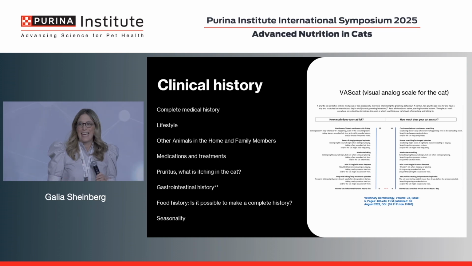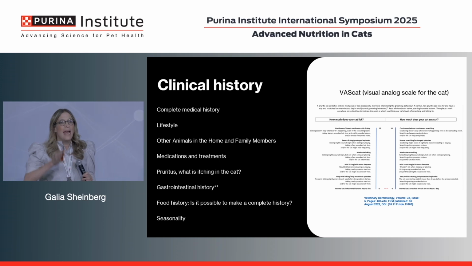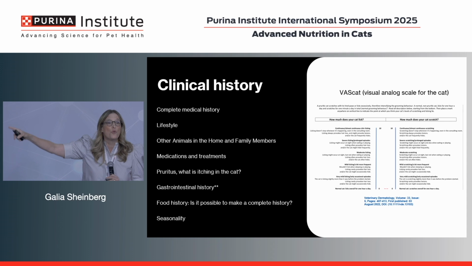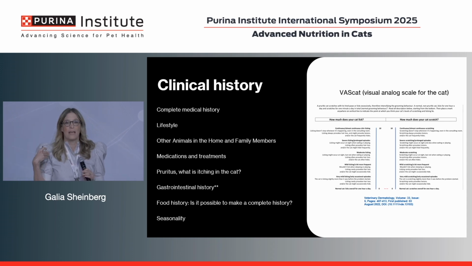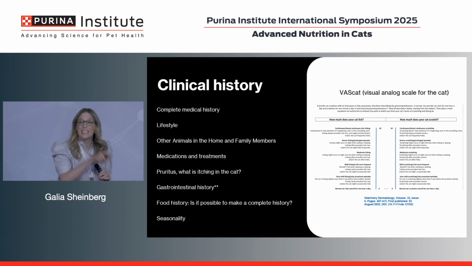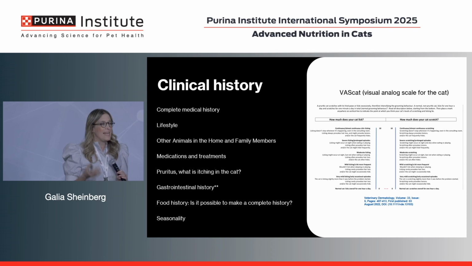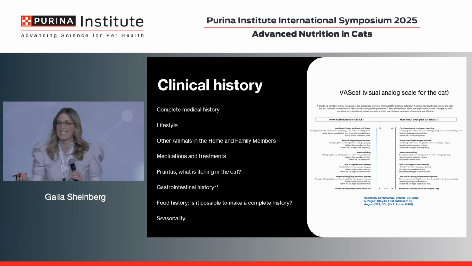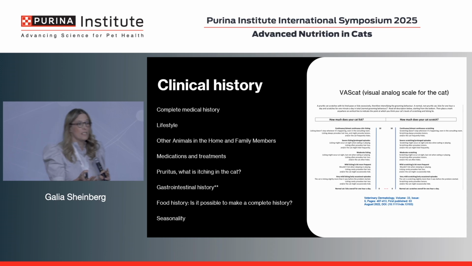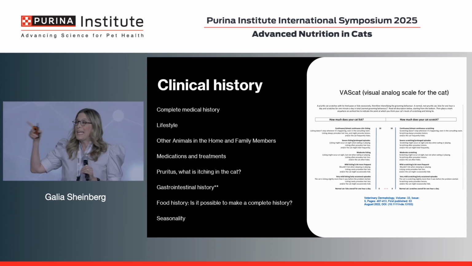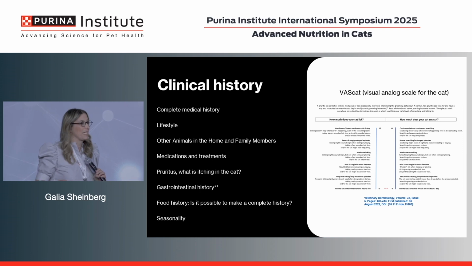Then we have to ask about itching, about pruritus. And itching in cats is more difficult, and for owners, having a clear idea of what itching is in cats is not really clear. So I love this visual scale of itchiness in cats because it's cat specific. If you have ever asked a cat owner about itchiness using the PVAS score in dogs, they're going to be confused, because the focus is pruritic behavior, and licking is part of the pruritic behavior.